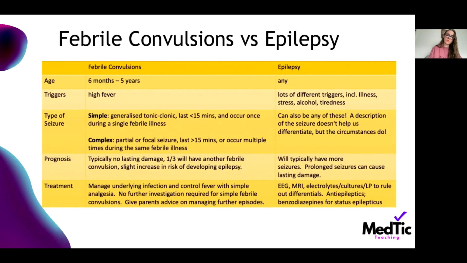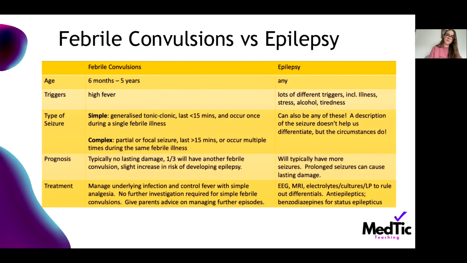if you look at the febrile convulsion table, this is a young child with a high fever who's had what classes as a simple febrile convulsion, so generalised tonic-clonic that lasted only a few minutes and has happened only once.